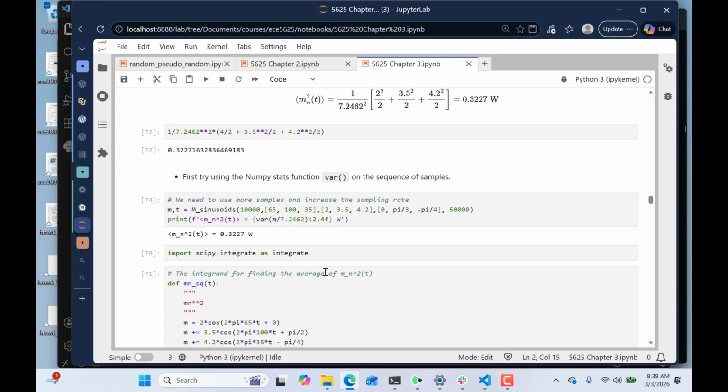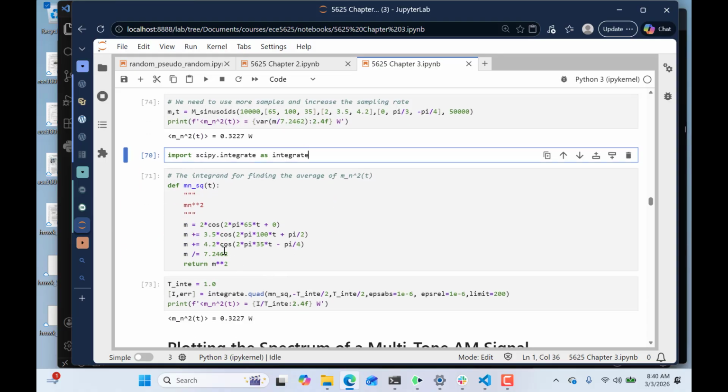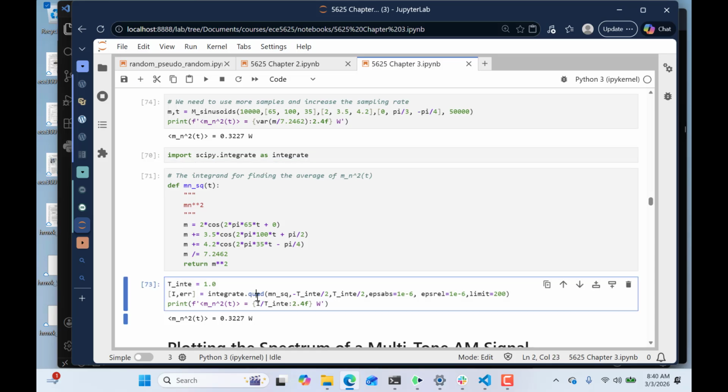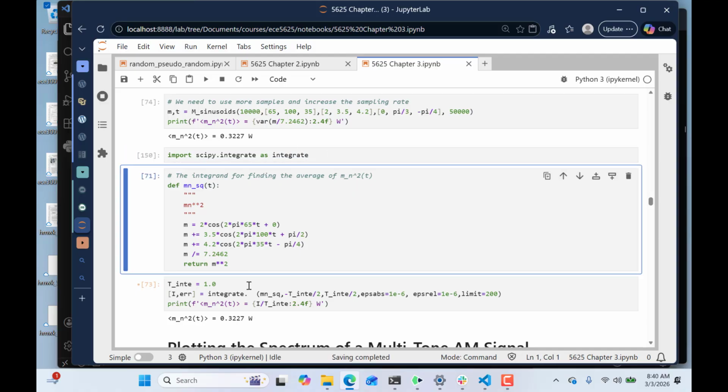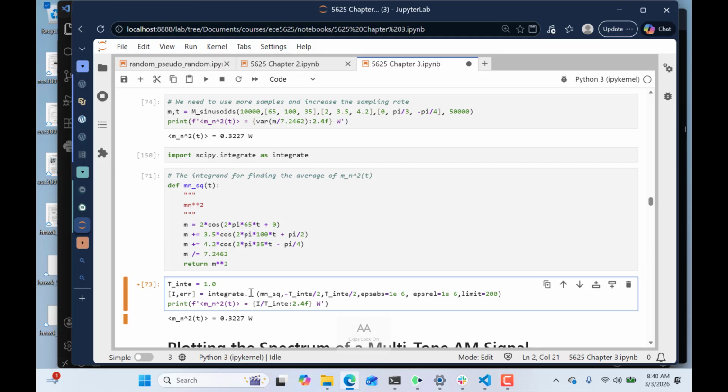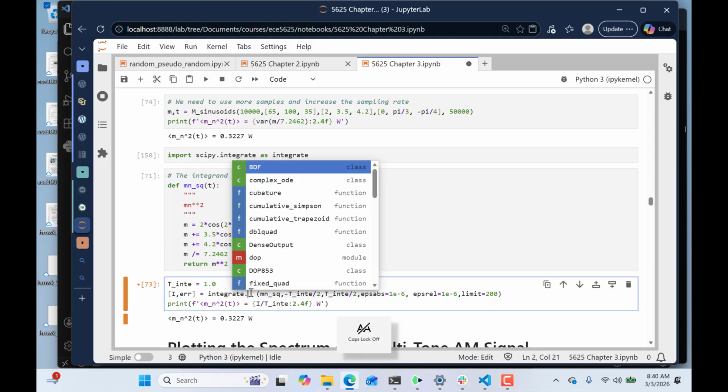So I imported from SciPy the package called integrate, and I just gave it the abbreviated name integrate, and then quad is a numerical quadrature function, which I'm not getting any help on right now. Sometimes to get it to go, you've got to try this again. Nope. Okay, I know why. I didn't run this originally, so still not working. There we go.